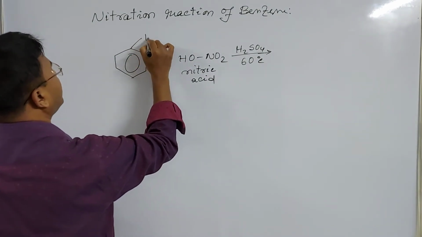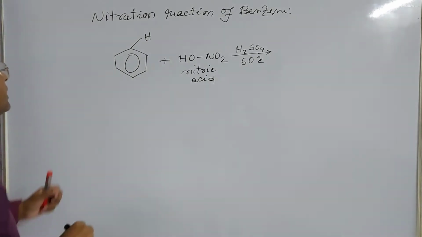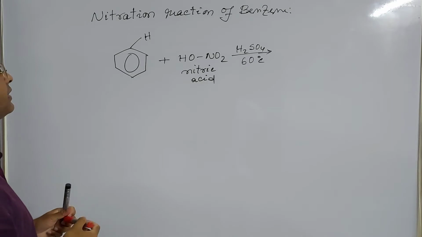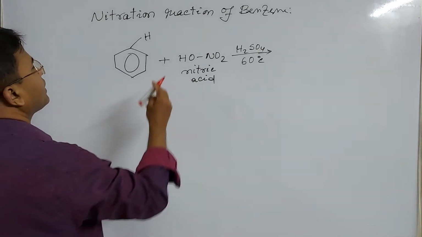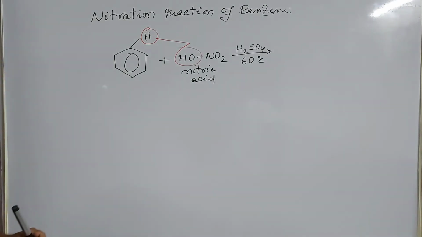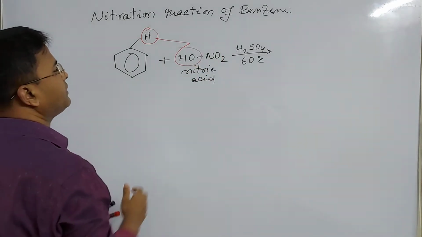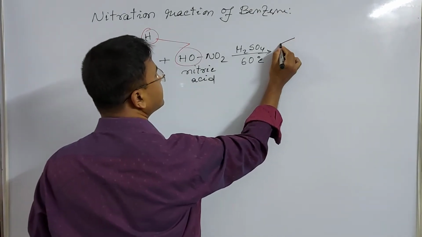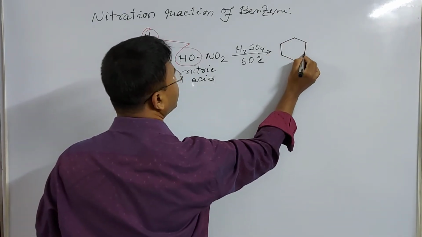This is benzene. All of you know that each corner of benzene contains a hydrogen atom. This hydrogen atom combines with the OH group of nitric acid. Actually, the hydrogen atom is replaced by the nitro group of nitric acid to produce nitrobenzene. This is nitrobenzene.